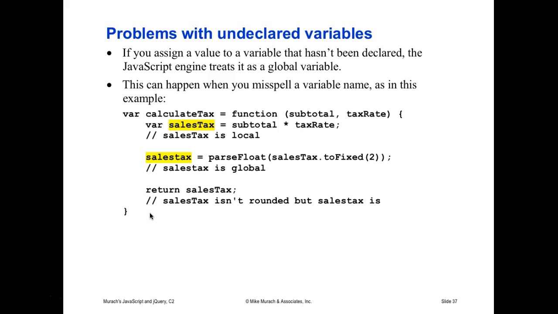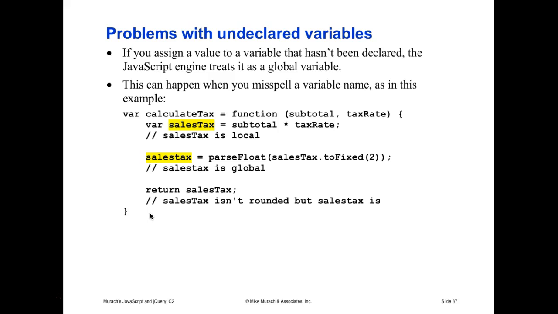So what happens here is that the salesTax is never rounded. Only salestax is, with a small case. This is a very important point. Know whether you're doing something locally or globally. Again, all this means is pertaining to variable scope, where a variable has value.